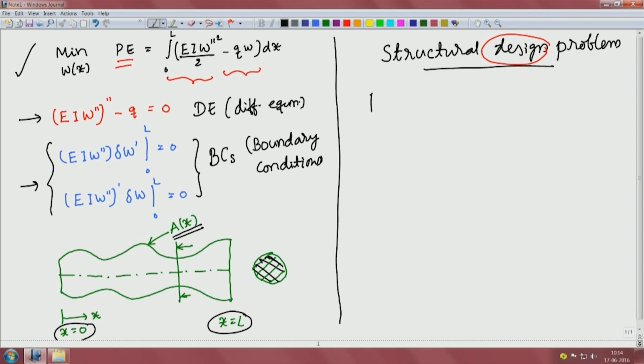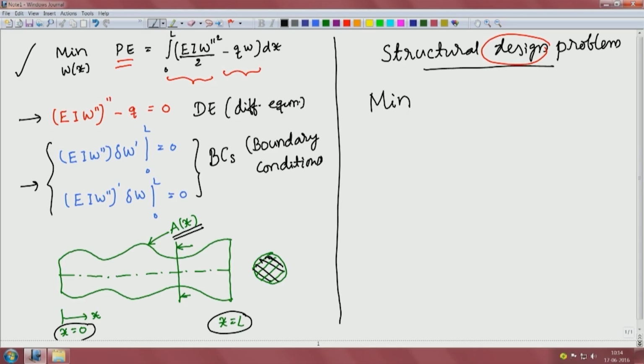Let us say I take the case of minimizing strain energy of a beam. We already have an expression for strain energy of a beam, we have done it for the bars. Actually, let us do that. Instead of strain energy, let us do another measure of stiffness. Minimizing strain energy is equivalent to maximizing stiffness.